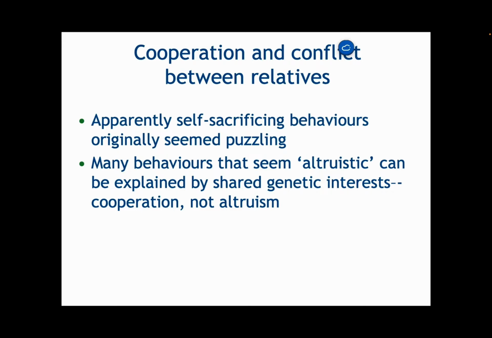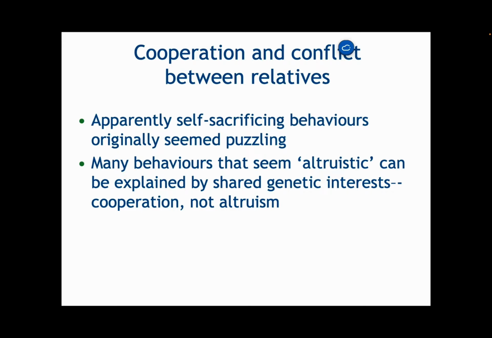And so kin selection, by helping, say, your little cousins or your brothers and sisters or your nephews and nieces, even if you are reducing your direct fitness, you may be increasing your indirect fitness even more. So remember, kin selection expands our view of fitness. And when we consider inclusive fitness, the behaviors that are favored by kin selection actually increase your inclusive fitness.